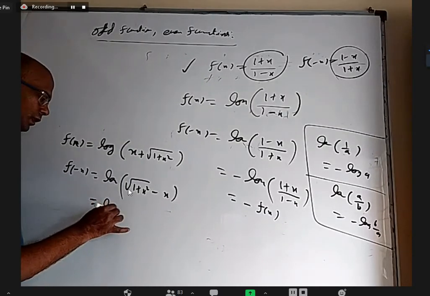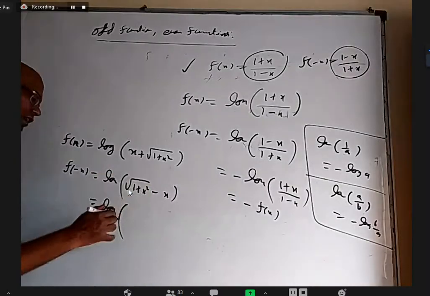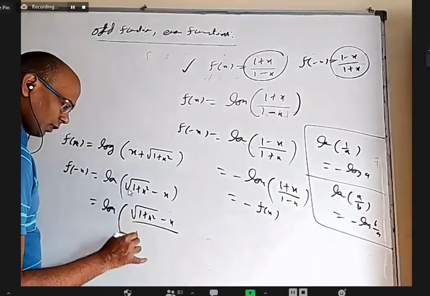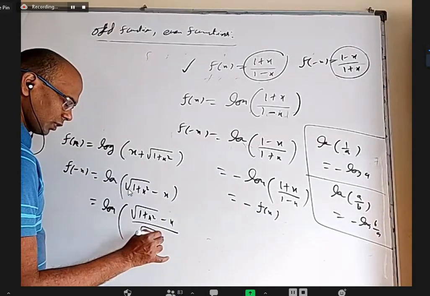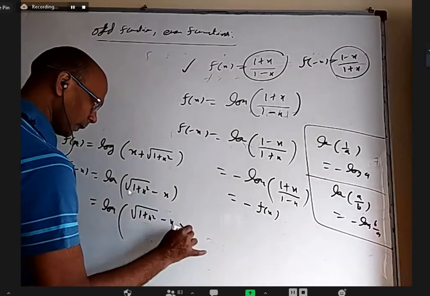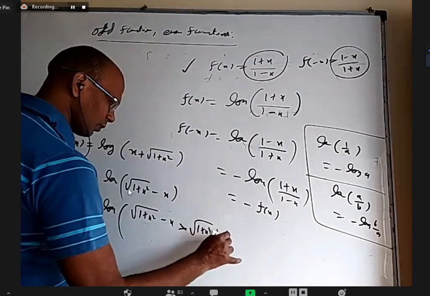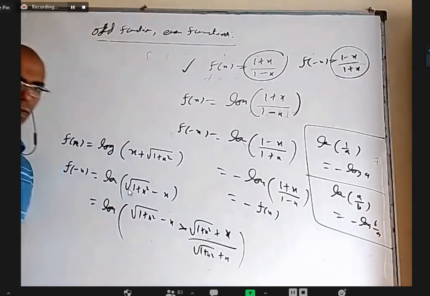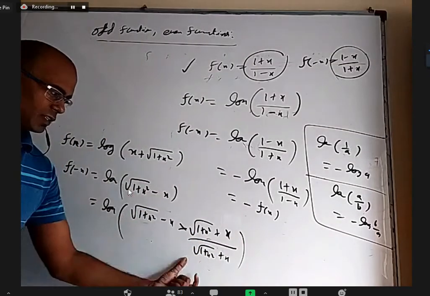Why? You rationalize the inside part. Take root 1 plus x square minus x, and I want to multiply with root 1 plus x square plus x over root 1 plus x square plus x. Only the inside one I rationalized.